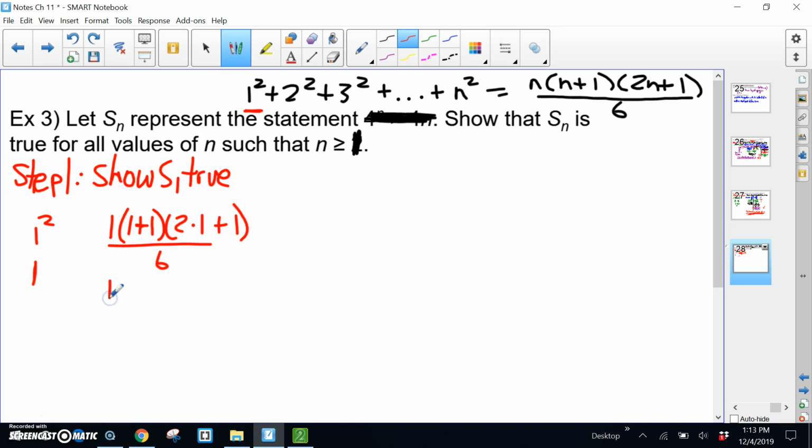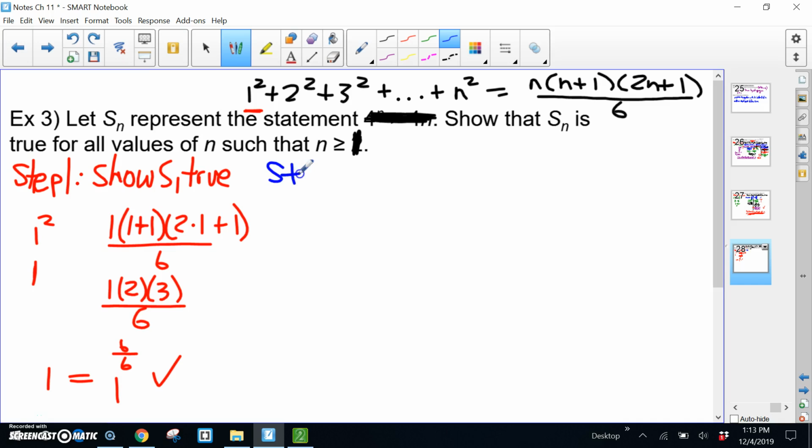Clean up, that's going to be 1 times 2 times 3 over 6. That's going to be 6 over 6, which is 1. So you got 1 equals 1. That works out. S1 is true, so we're good for step 1. We've shown that the first domino falls.